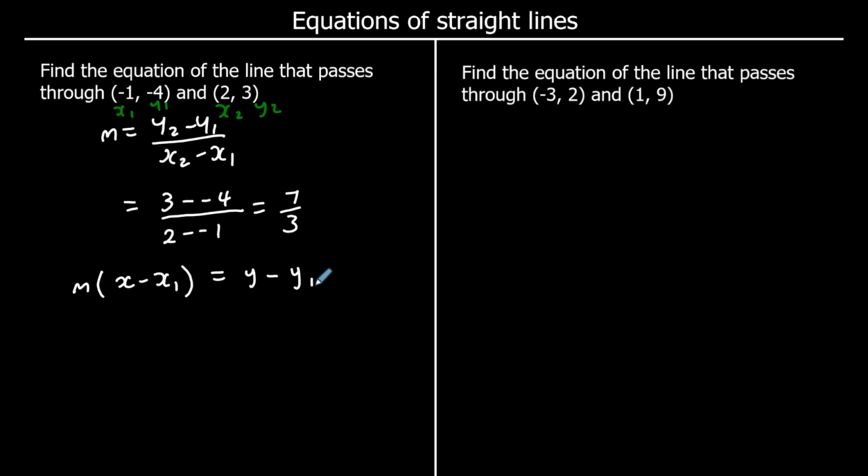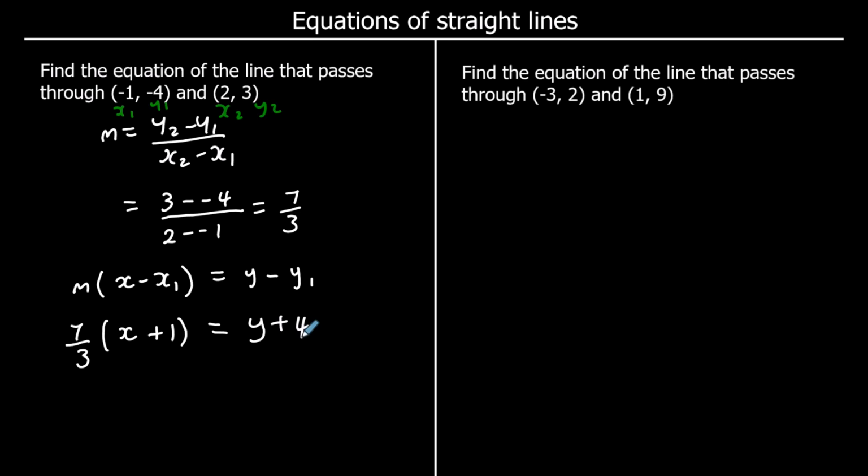So the gradient is 7/3, and then we can use the gradient times x minus x1 equals y minus y1. It doesn't matter which coordinate I pick. If I'm using the first one, it's x minus x1, so minus 1, which will become plus 1. Y minus -4 becomes plus 4. Then we've got the equation of the line.